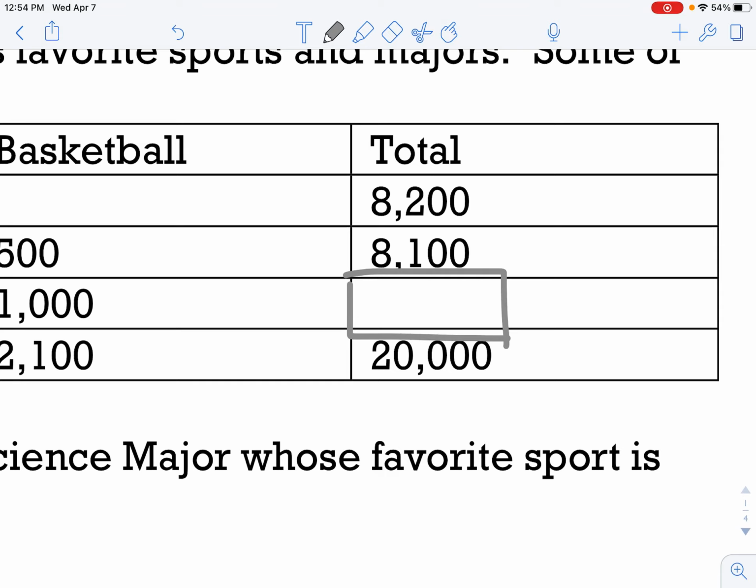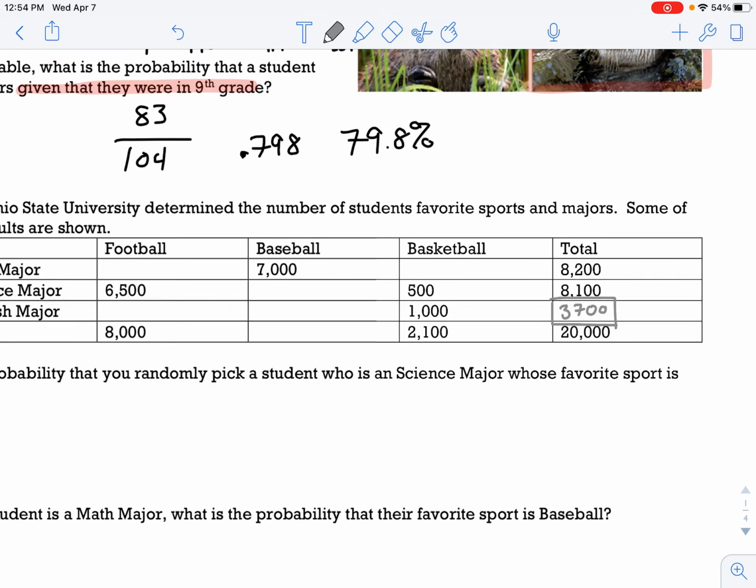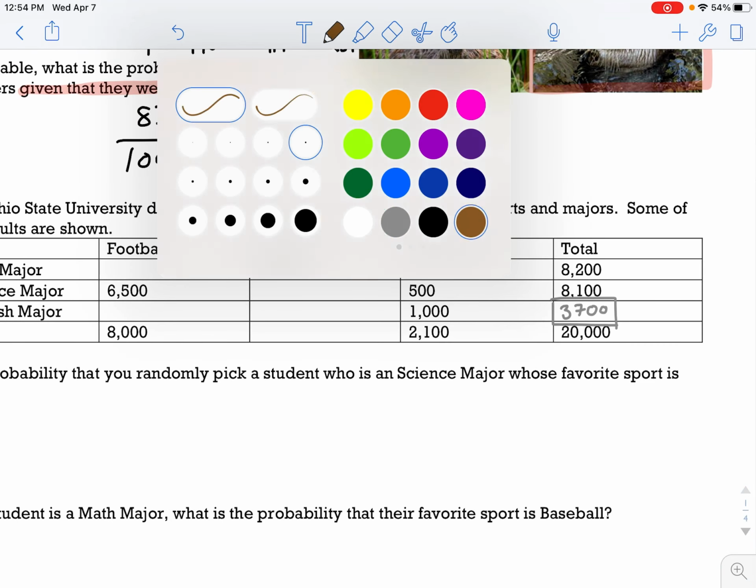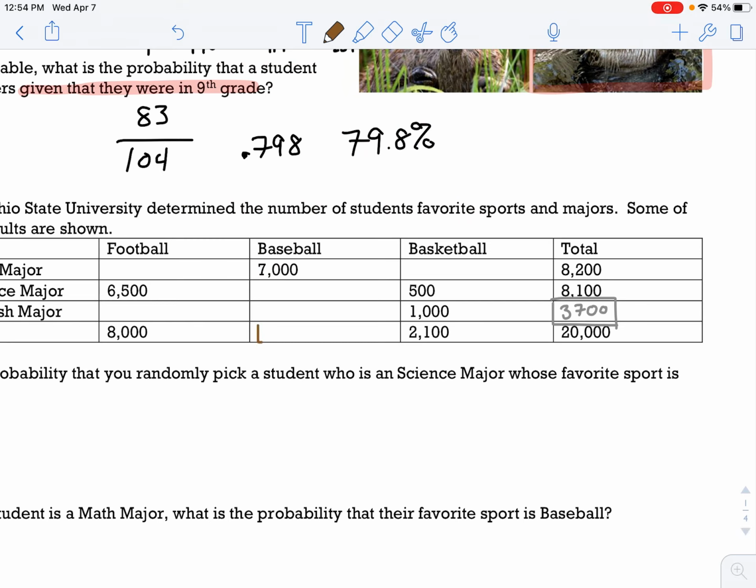All right, just do 20,000 minus 8,200 minus 8,100, and we get 3,700. All right, next I'm going to figure out this number right here. It's a slow process, but we will get there. That's going to be 9,900.